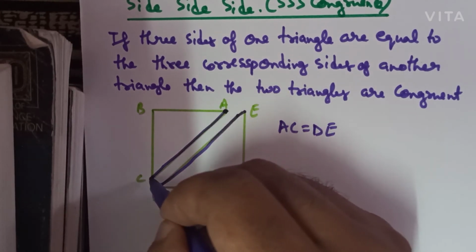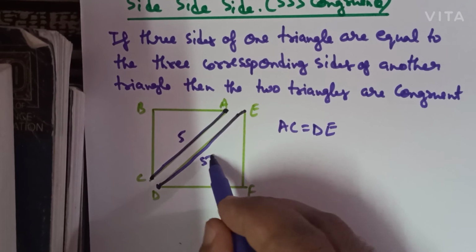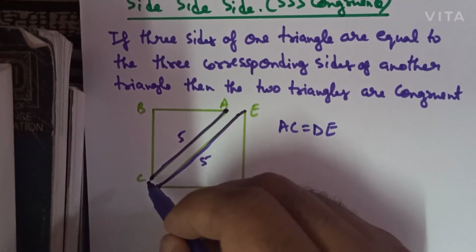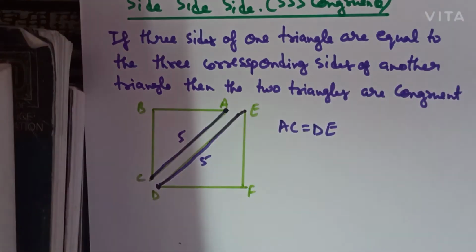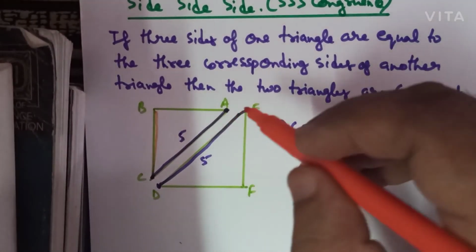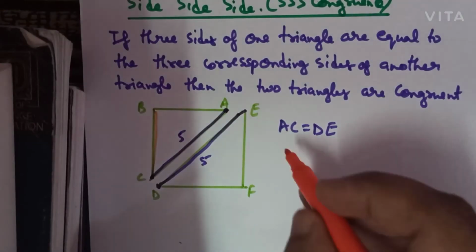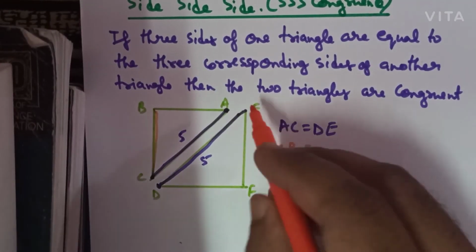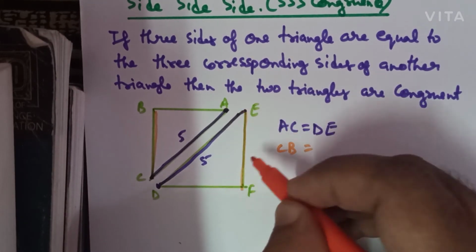Let's make it 5 centimeter. Now from C we move to B, that is CB. We have moved from A to C, then CB, and here we have moved from D to E, then from E to F, that is EF.